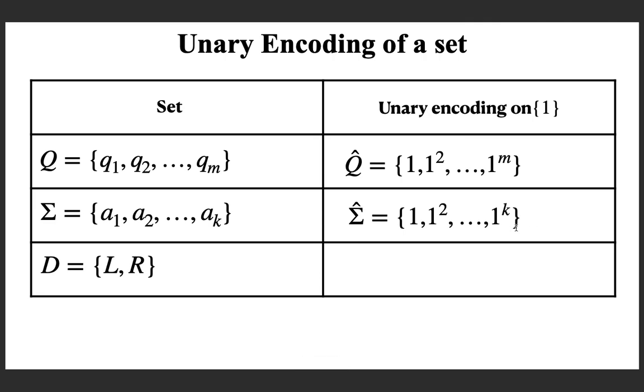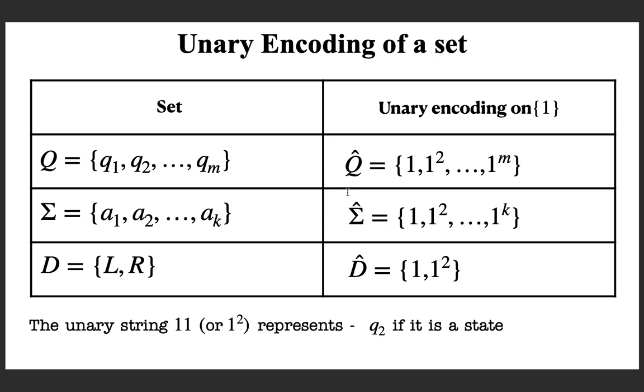Now suppose you want to represent the direction set in a Turing machine, there are only two elements. The left direction can be represented as 1 and the right direction can be represented as 1 1 or 1 square. And note that if Q is the set, its unary encoding is denoted as Q hat. Similarly, other sets as well.